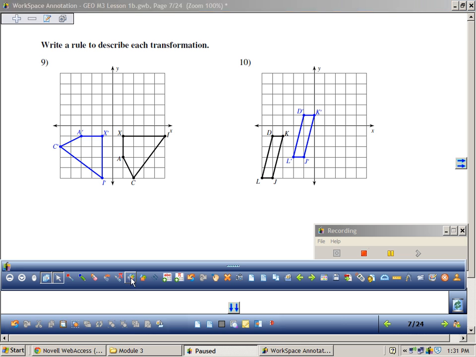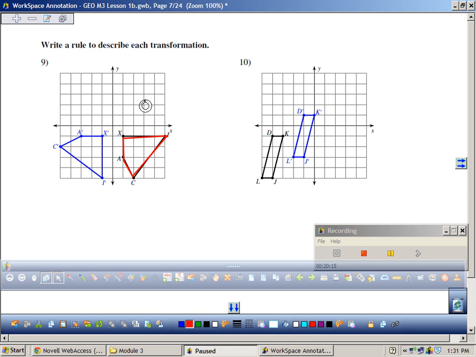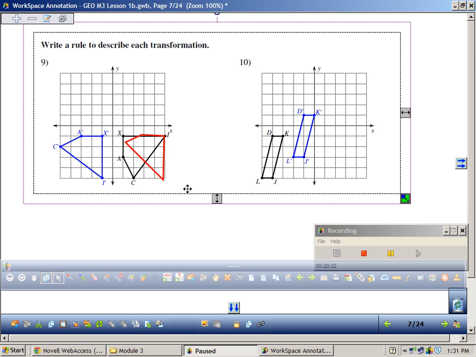Let's see. We're investigating, right? So if I turn it, how much did I turn it?